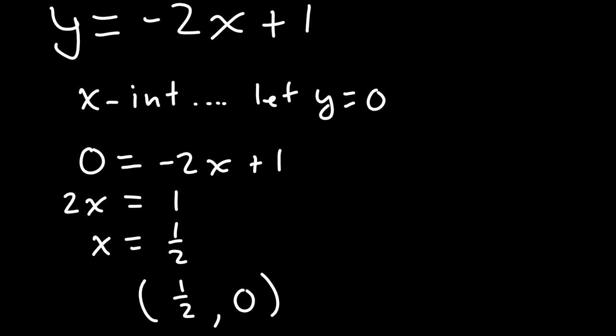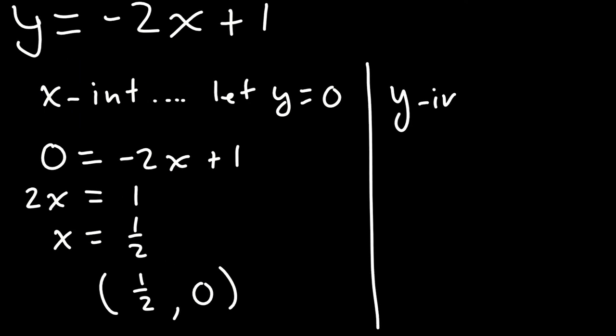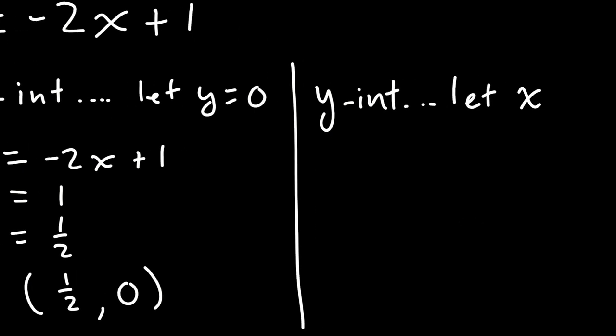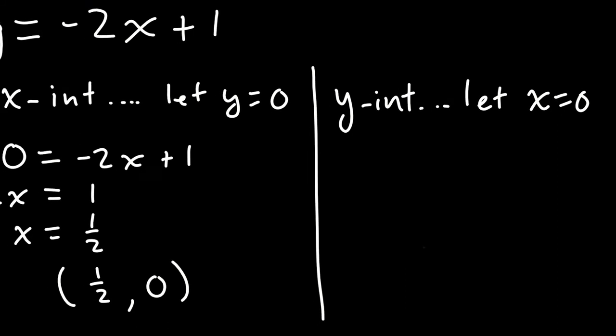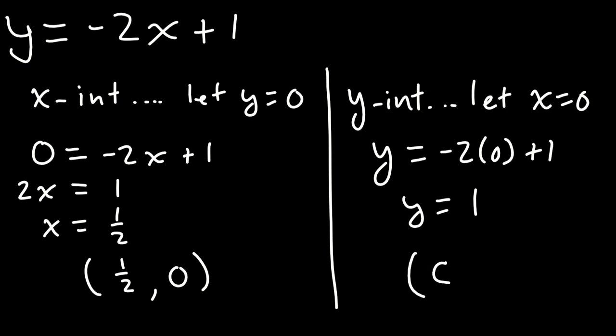That's my x-intercept. When I want to find the y-intercept, I will let x equal 0. And when I let x equal 0 in that equation, it becomes y equals -2 times 0 plus 1. So y is 1. So that means my y-intercept is x was 0 and y was 1.